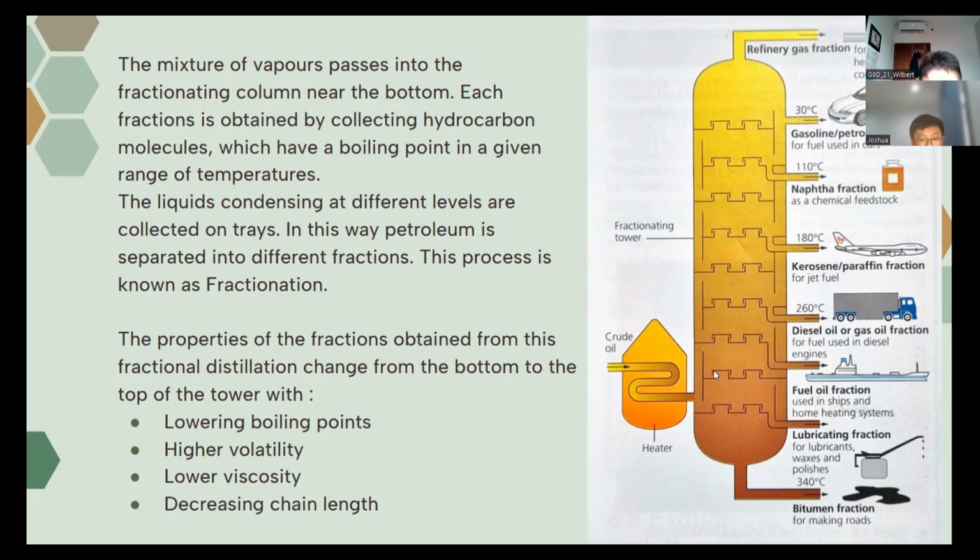In this way, petroleum is separated into different fractions. The process is known as fractionation. The properties of the fractions change from the bottom to the top of the tower, with lowering boiling points, higher volatility, lower viscosity, and decreasing chain length.